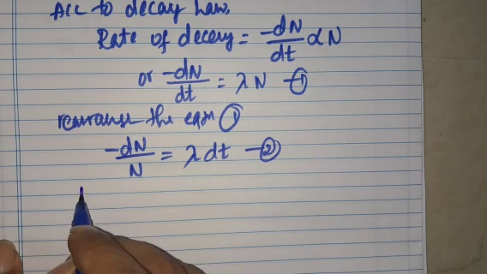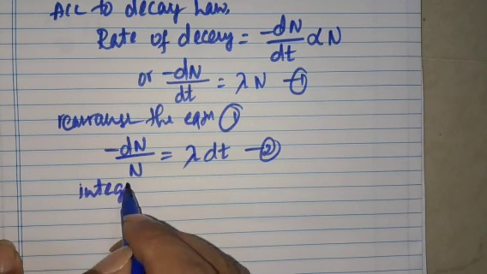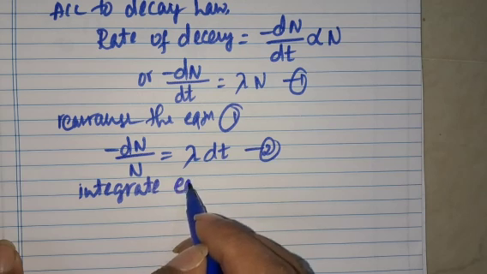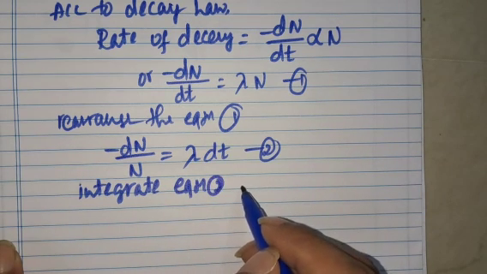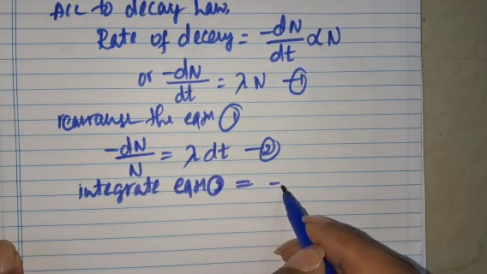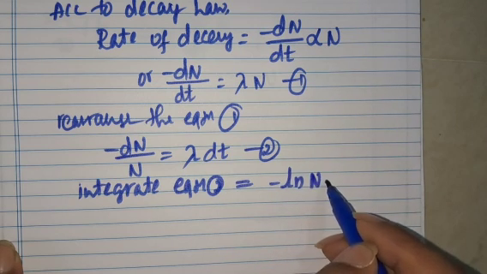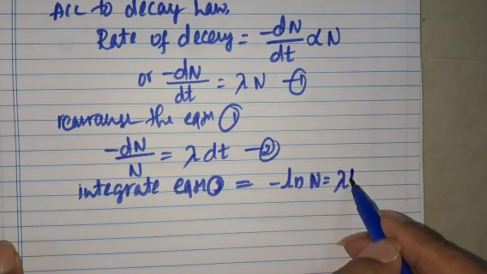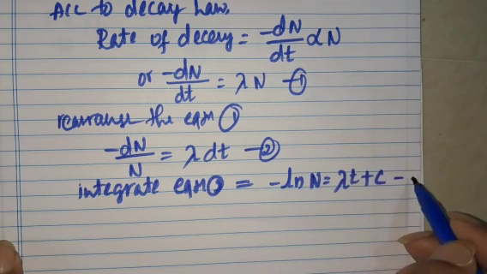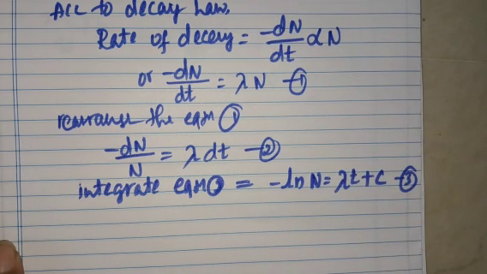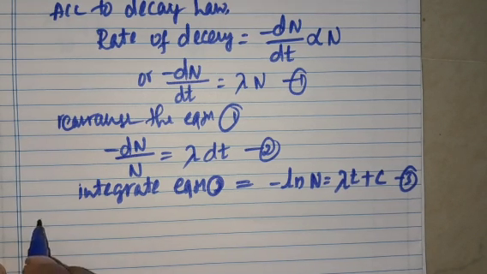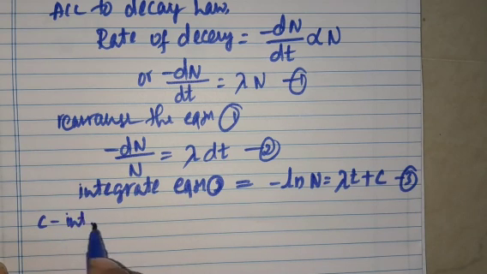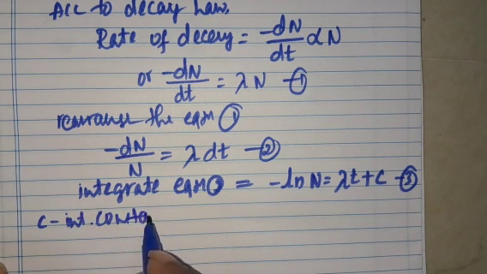Integrate equation 2, and you will get -ln N = λt + C. Call this equation number 3, where C is the integration constant, which may be calculated.